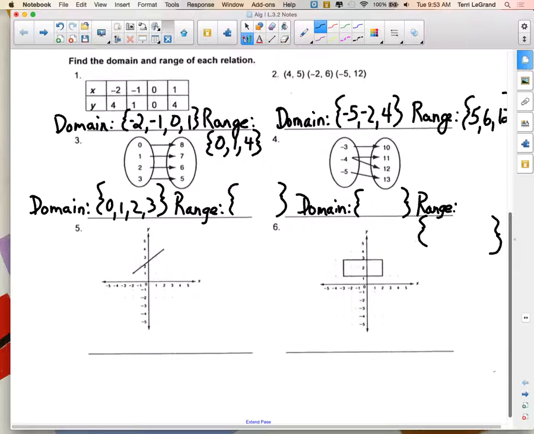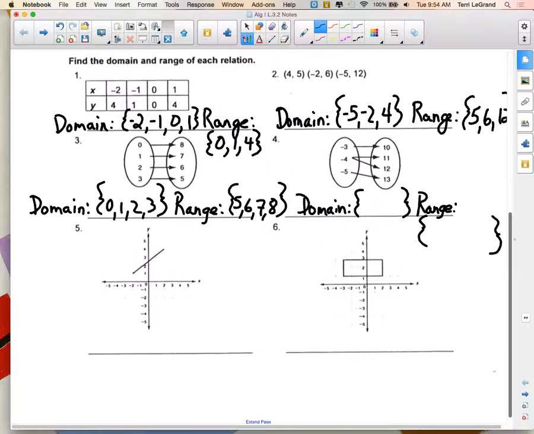Range for number 3. Haley. 5, 6, 7, 8. Good job, ladies. Again, put in the order that they are from least to greatest, not necessarily the order that they're in, the type of way that they're showing the relation.